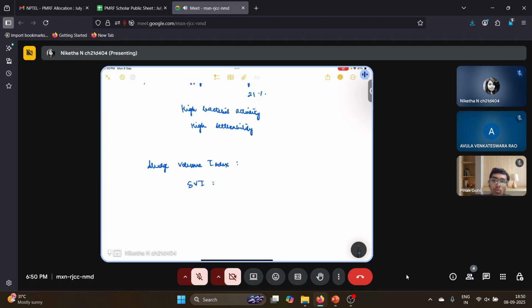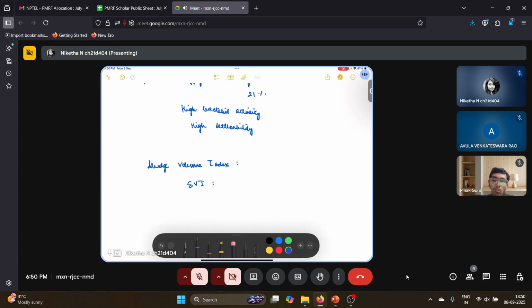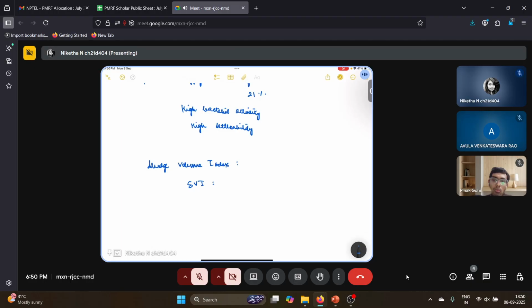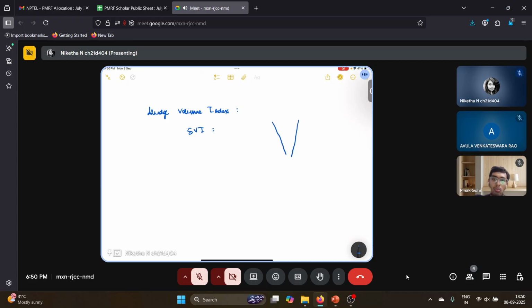Like I've told before, when we discussed the solids in wastewater, we also discussed settleable solids, right? I have told you before that we have something called an Imhoff cone, where we allow the wastewater to enter, and whatever sludge is there will settle down at the bottom, and then we measure the height of the settled sludge.